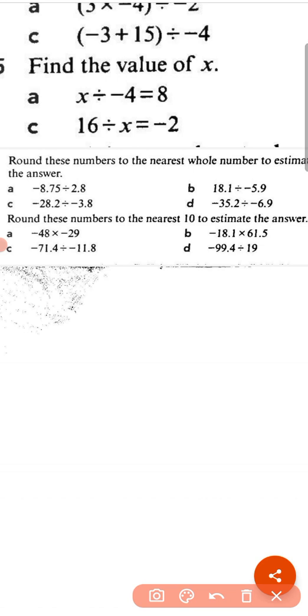If it is less than 5, that is 0, 1, 2, 3 or 4, replace the 10th place by 0, and make all the places, 10th, 100th, 1000th, as many as there are, 0. Then write the remaining digits in the whole number part. If the digit in the 10th place is 5 or more than 5, add 1 to the digit in the 1's place and replace the 10th place by 0.